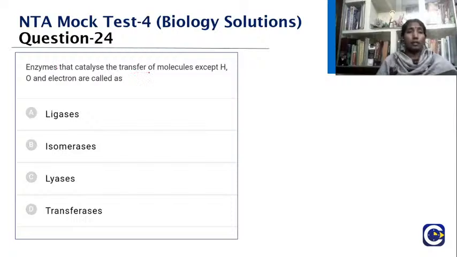Enzymes that catalyze the transfer of molecules except hydrogen, oxygen and electrons are called ligases, isomerases, lyases or transferases. Ligases help in joining two molecules, forming new bonds with simultaneous breakdown of ATP, like pyruvate carboxylase.